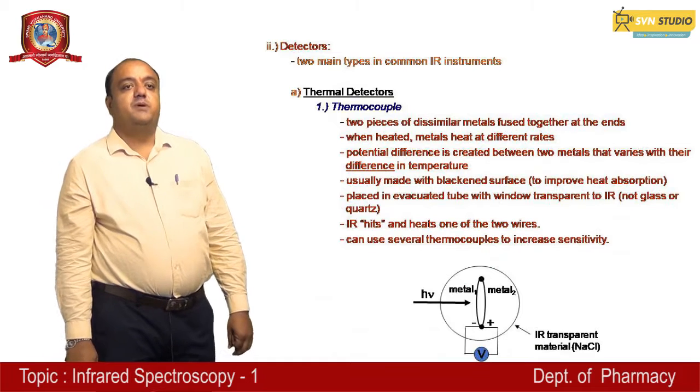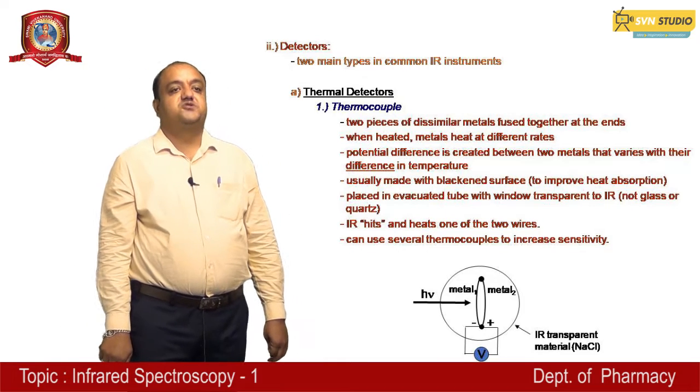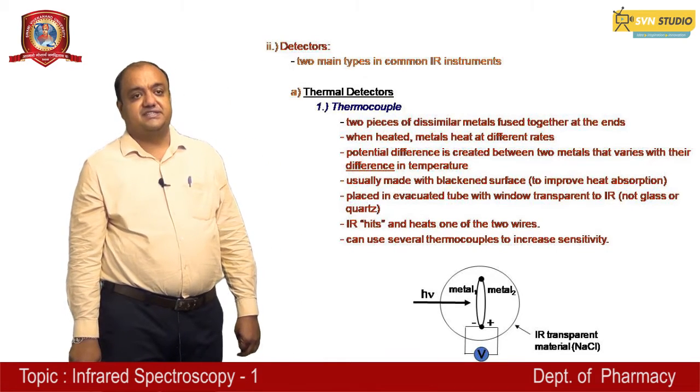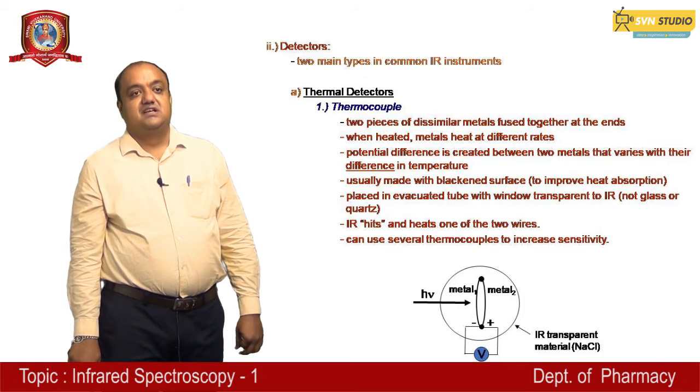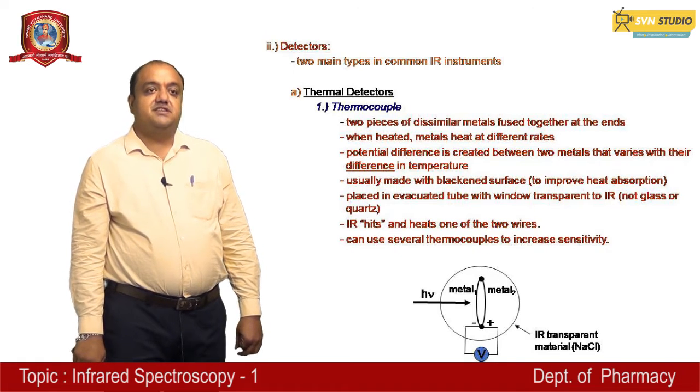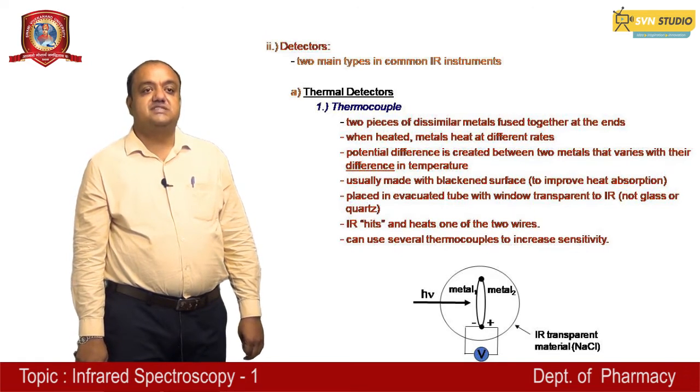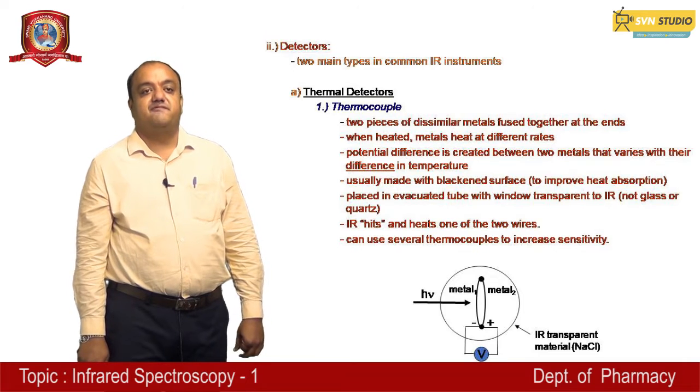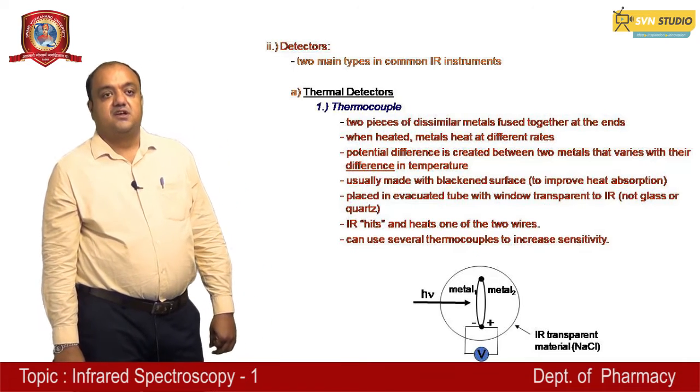Detectors. The two main types commonly used in IR instruments are thermal detectors, which include the thermocouple. A thermocouple is two pieces of dissimilar metal fused together at the ends.